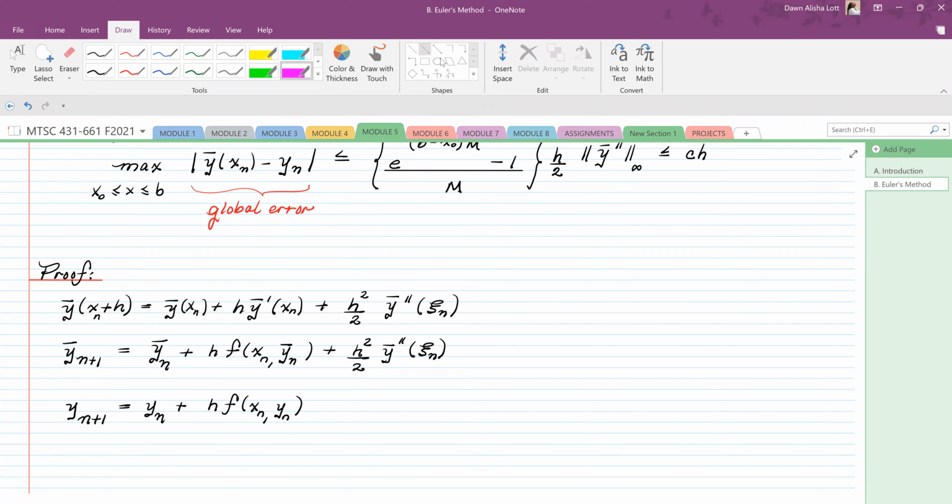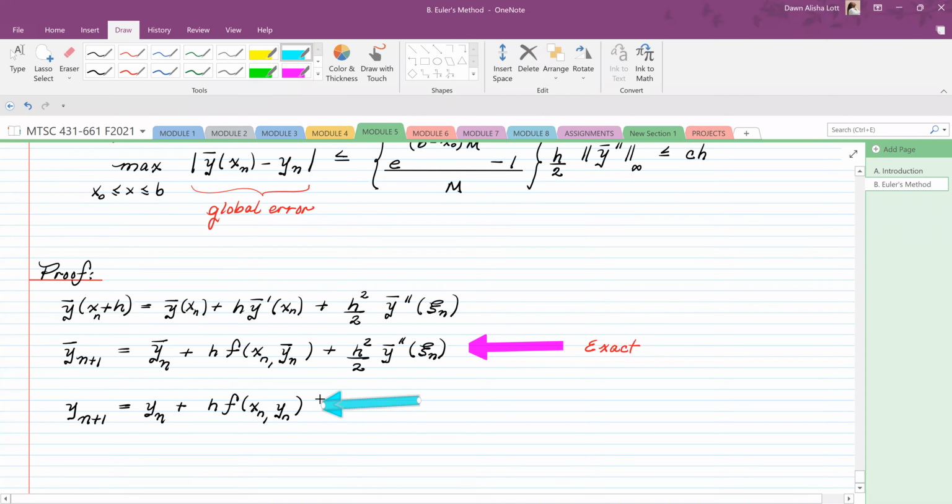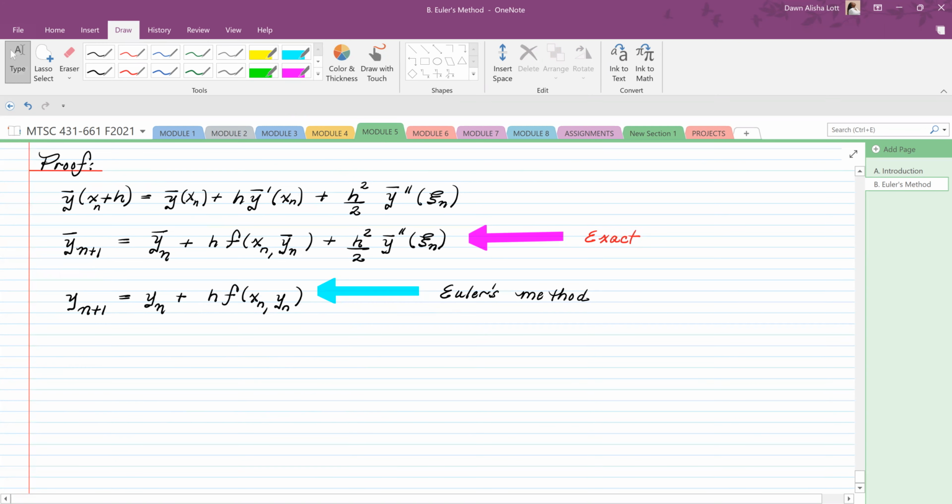This one is exact, and this one is what's calculated using Euler's method. So therefore we can calculate the error between the two.